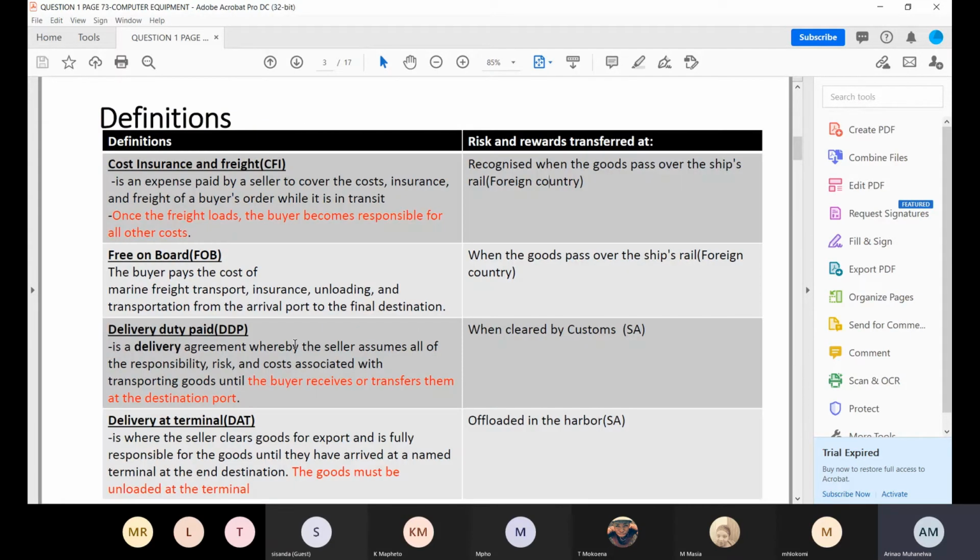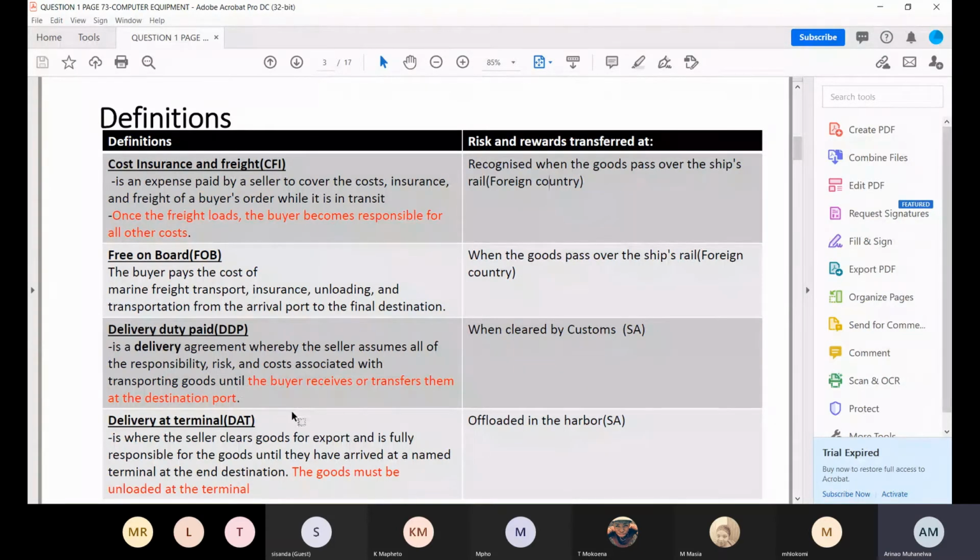Then let's look at delivery duty paid, as to what this is. A delivery duty paid is a delivery agreement whereby the seller assumes all the responsibility, risk, and cost associated with transporting the goods until the buyer receives or transfers them at the destination port.